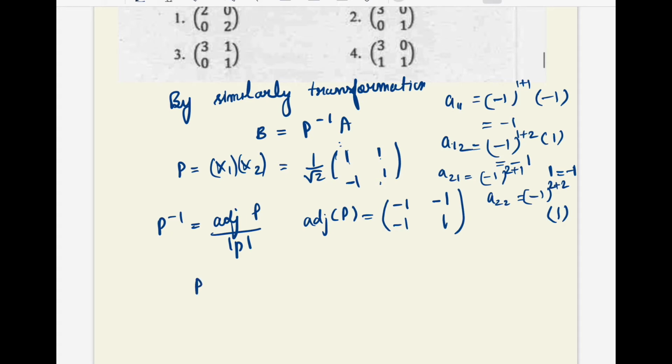Now P inverse will be given as, now we have to find out the determinant P. Determinant P will be, if you take out, it is determinant P to be 1 is 1 minus of plus 1 upon root 2, that is 2 by root 2. 2 by root 2 means root 2, so this becomes 1 upon root 2, 1 1 1 minus 1, okay. Here it is.